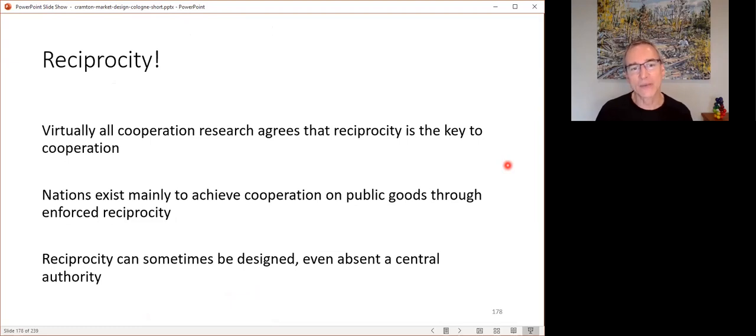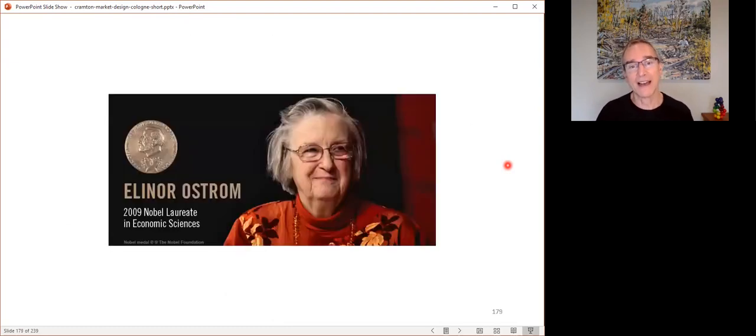And the key is reciprocity. We need to basically implement sensible carbon pricing in, say, the United States and in Europe and in China, and use reciprocity. I will if you will.